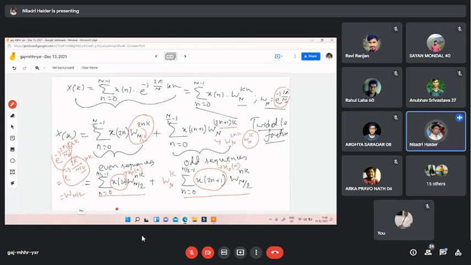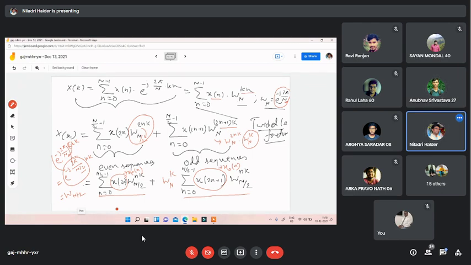This is the DFT formula. n equal to 0 to n by 2 minus 1 xn wn to the power nk, 0 to some range xn wn to the power nk or kn. So that is your DFT formula.